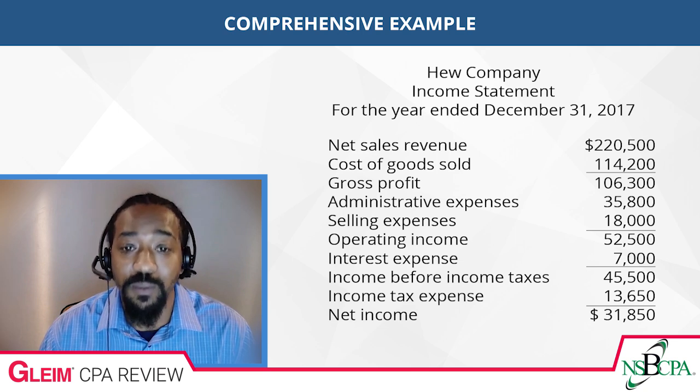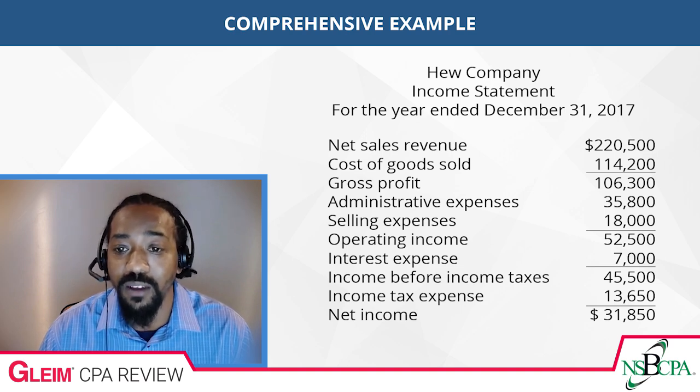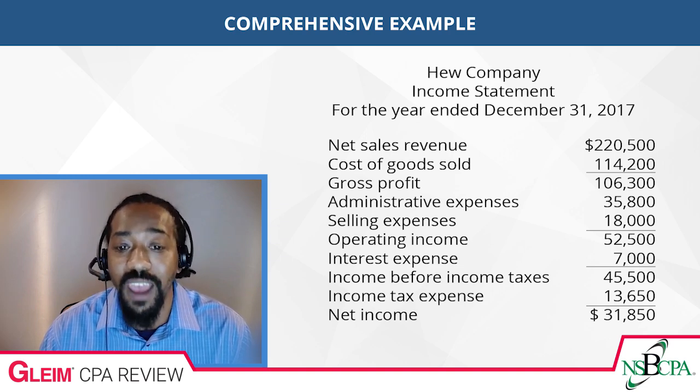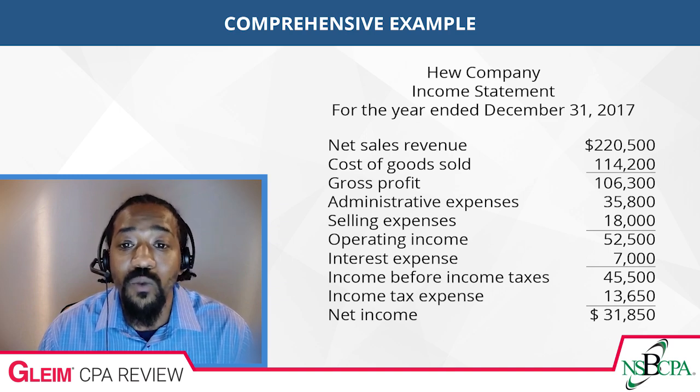The last expense subtracted is the income tax expense of $13,650. The company's net income for the year ended December 31st, 2017 is $31,850. Now, remember that answer is going to be used on the next statement, the statement of stockholders' equity.